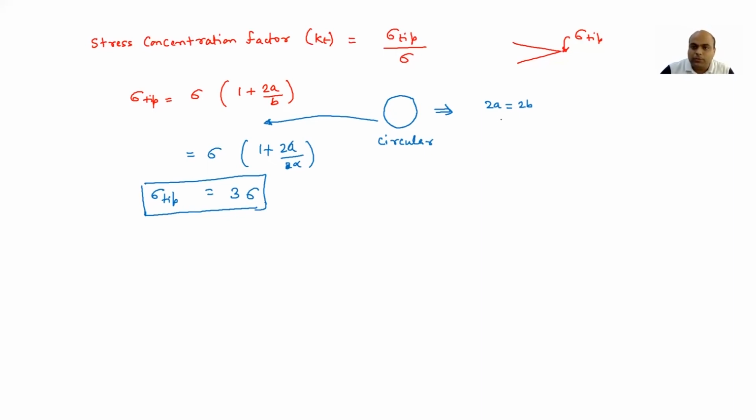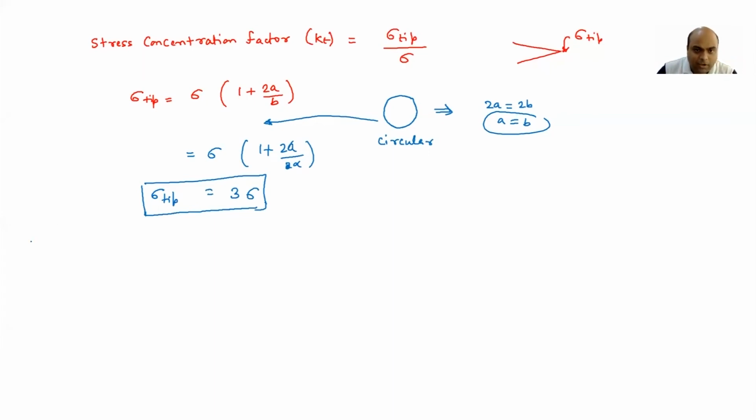So 2a is equal to 2b, that means a equal to b, right? So I'm just replacing b with a. So this gets cancelled out. And then sigma tip equals 3 sigma. That means if I apply say 10 MPa and you have the presence of a circular hole, right? At the tip of the circular hole, your stress is 30 MPa. So it is being magnified. And that is the concept of stress concentration.